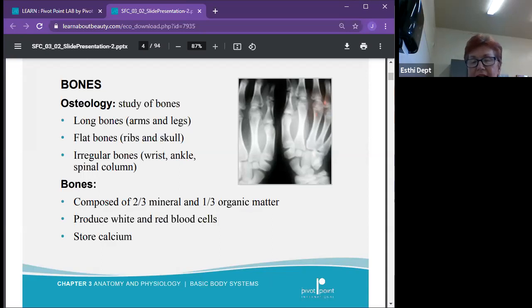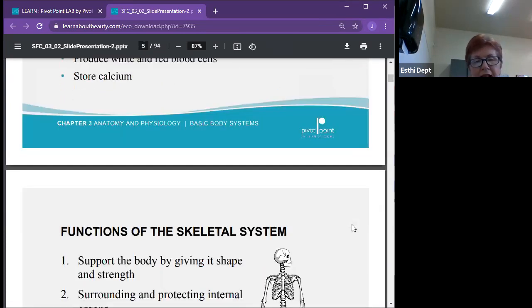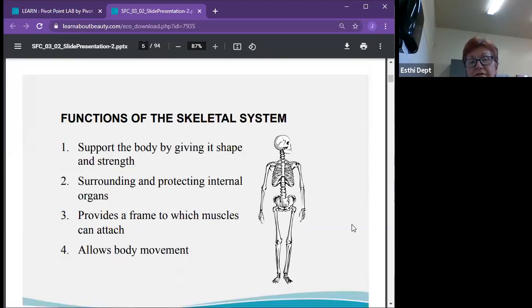All right. I'm going to turn the page. Okay. And now we're going to go to the functions. Remember, this is part of State Board, the functions of everything here. So you actually have 1, it supports the body by giving it shape and strength. 2, surrounding and protecting the internal organs. 3, it provides a frame to which the muscles can attach.